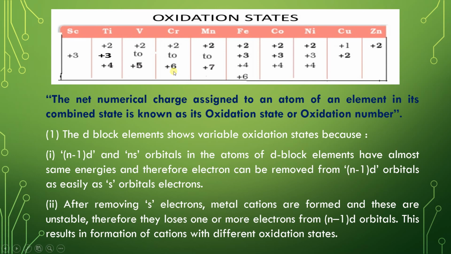So this shows variable oxidation state. Among these, manganese has the highest oxidation state, that is +2 to +7, that is +2, +3, +4, +5, +6 and +7.